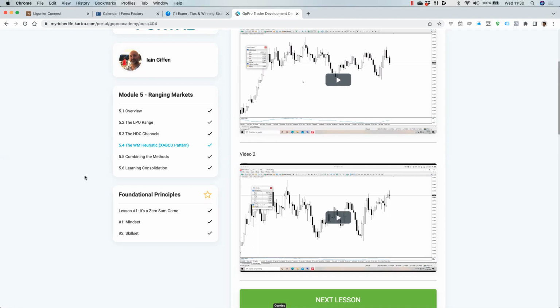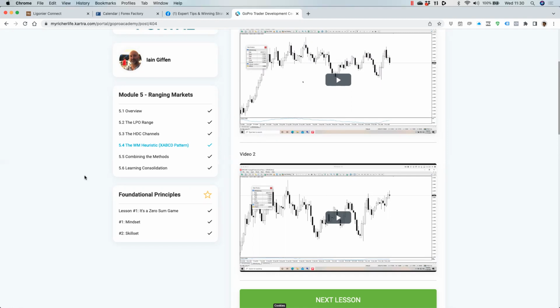So you've always got 5 points, and we name those points X, A, B, C, D. And ABCD patterns are quite well known in the market as well, and not to be confused with labeling the waves. So if you are an Elliottian or an Elliott wave trader, then it could be a bit confusing because there you label the waves and not the points.